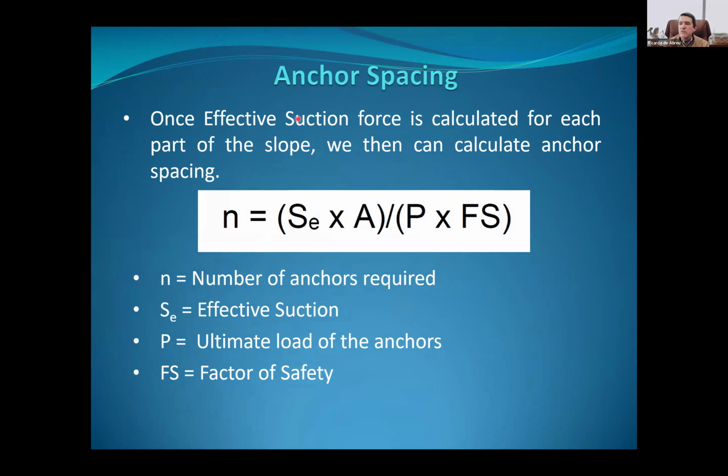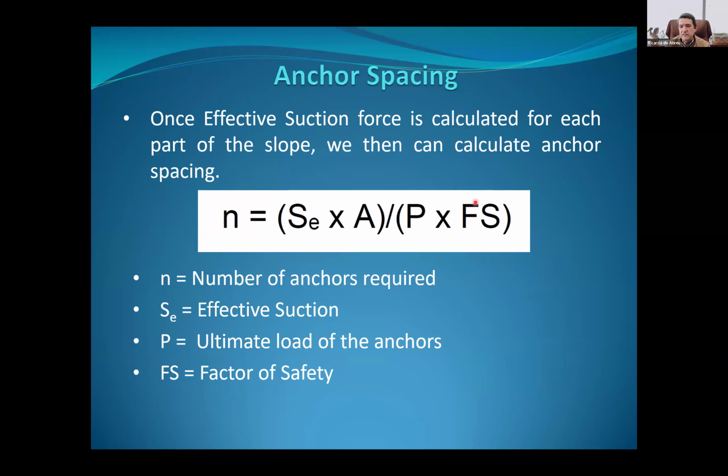So once we calculate the SE, the effective suction, we have to know the ultimate load of the anchors, and we can get that from a few tests that we do before we do our design. We did several before I started designing, and tried to come up with the ultimate load of the anchors.